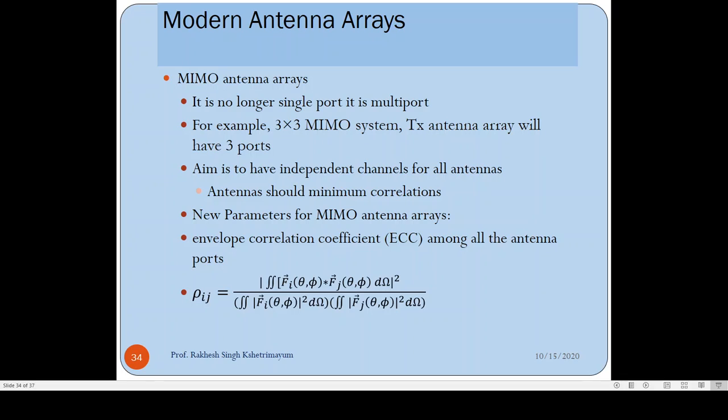The envelope correlation coefficient gives you an idea of the correlation between the antenna elements. For example, you have a 3x3 MIMO system. What is the correlation of antenna 1 to 2, antenna 1 to 3, and so on? That correlation coefficient is given by this. So the envelope correlation coefficient is defined like this. This is the 3D radiation pattern of the ith antenna. This is the 3D radiation pattern of the jth antenna.